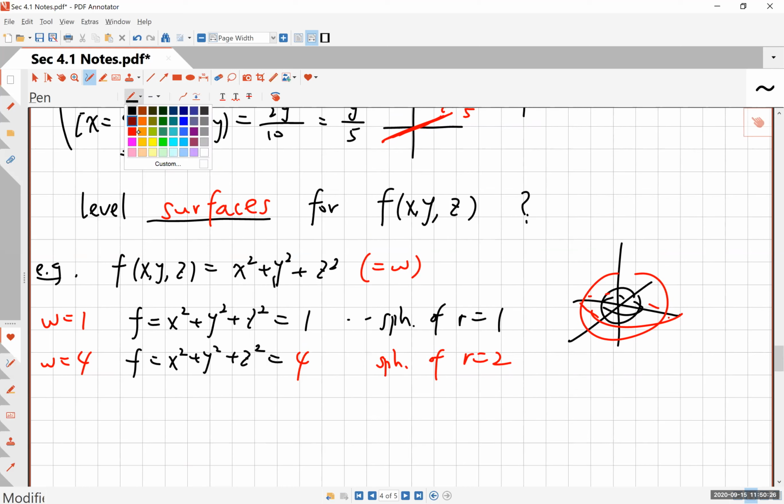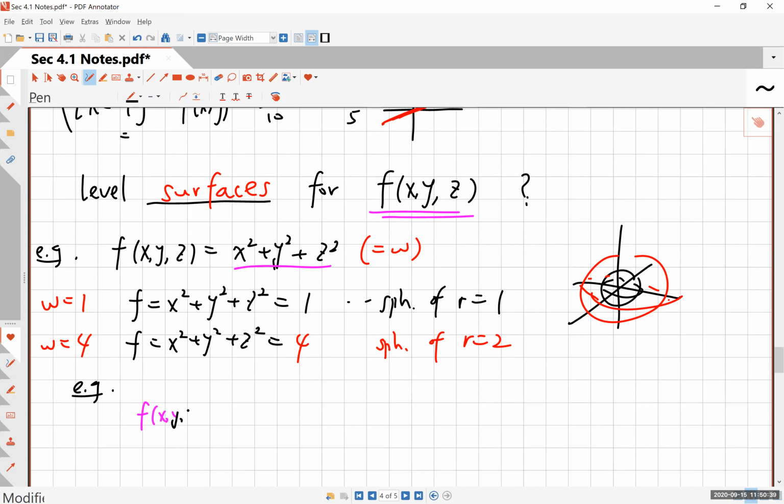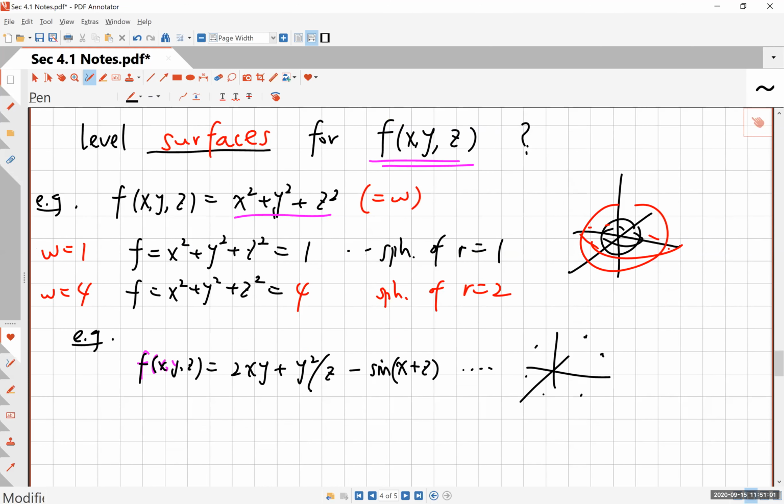By the way, what does this look like? I mean, typically, it'll not be a nice function like this. Here's just another example. What happens if f of x, y, z is 2xy plus y squared over z minus sine of x plus z or something, right? So what this means is at every point x, y, z, there's a unique number associated with that point, which is f of x, y, z.